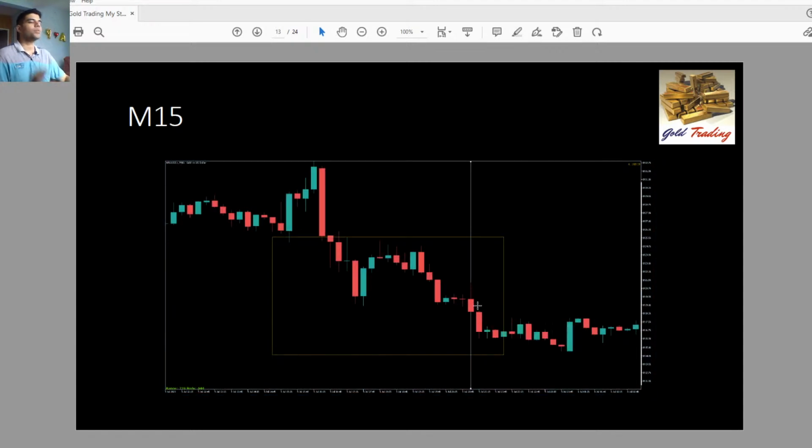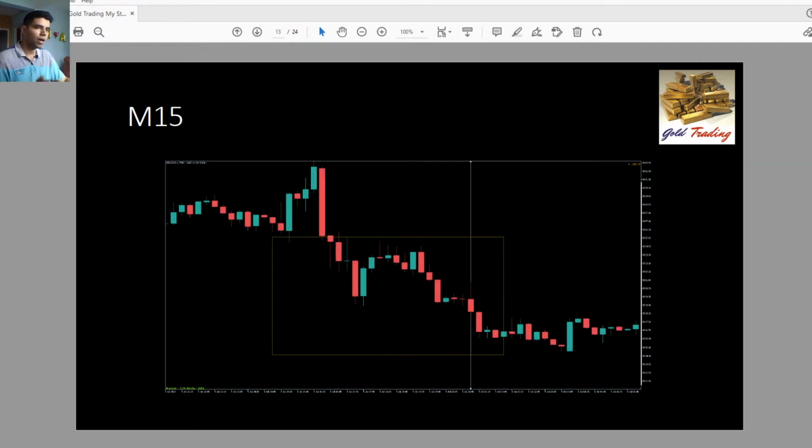Okay, so we can enter either at the breach of the price level of this small red candle, but since this candle is really small, I won't enter this trade. I will wait for this candle to form, and then I will enter at the breach of the low of this red candle. Okay guys, this is how I enter the trade.